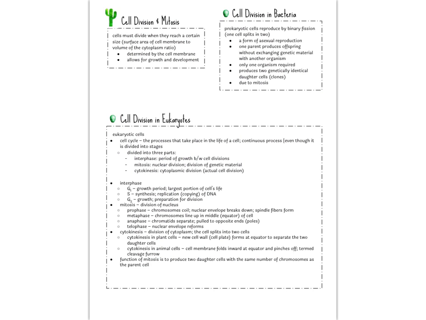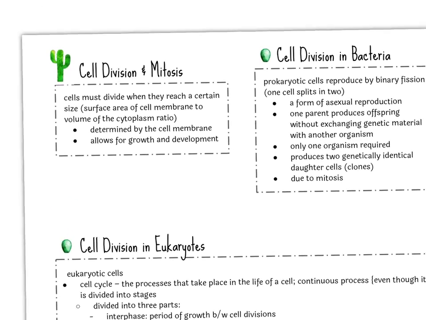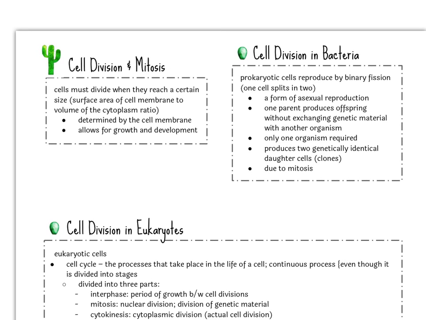Okay, so now let us talk about cell division and mitosis. So cells must divide when they reach a certain size. So at a certain point, the things inside the cell will continue to divide, and then at a certain point, the cell membrane won't be able to hold it anymore, and so it will initiate the division.